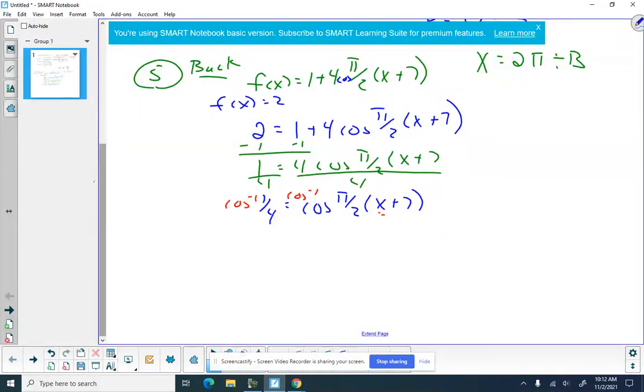So we have the inverse cosine of 1/4. You get 1.32.